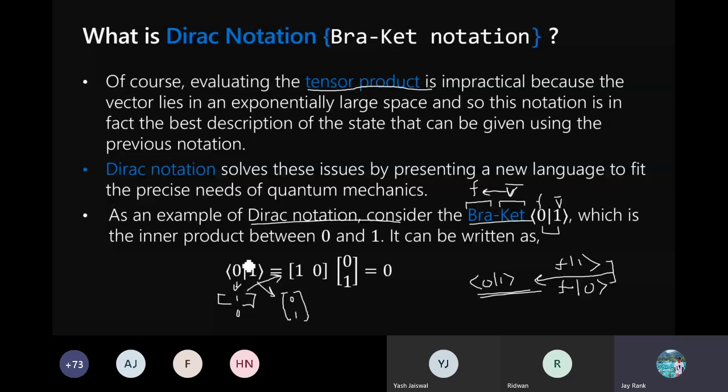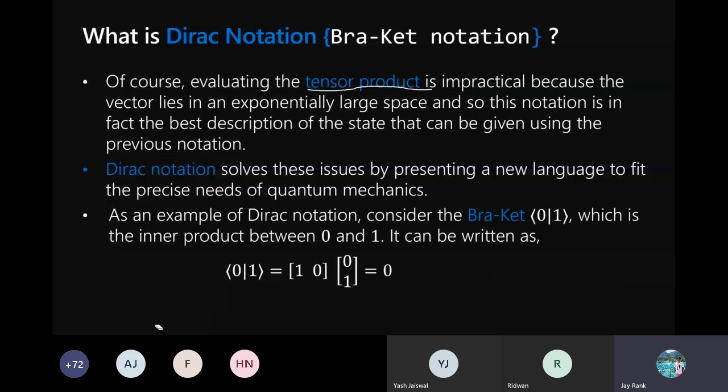Let me rub it once again to give a clear idea. If I write this one, it means 0 and 1. If I write the 0 quantum state, then it stands for 1 0.